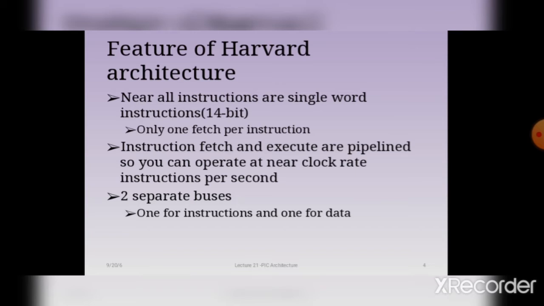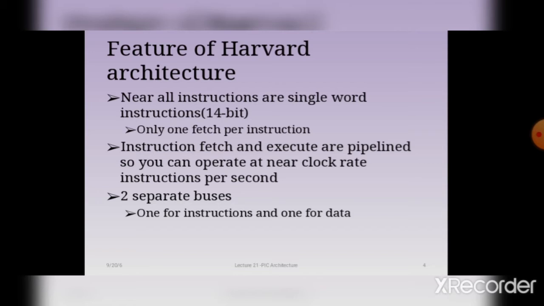One more very important thing about this architecture is that almost all the instructions are single word instructions, or you can say almost every instruction is of the same size.